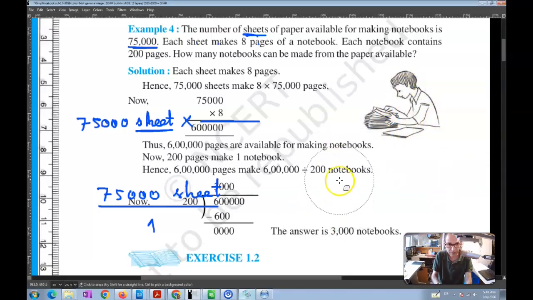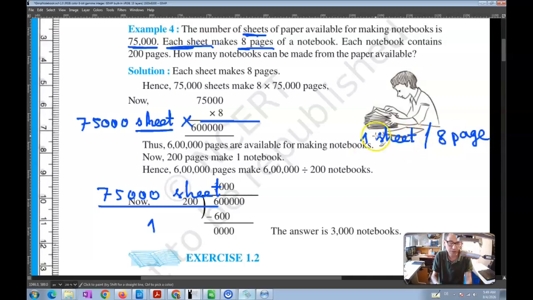So then over here, I want to get rid of this unit of sheet, right? And it's in the numerator. So now I need to write this thing over here. Each sheet makes 8 pages. So that means one sheet per 8 pages, right?